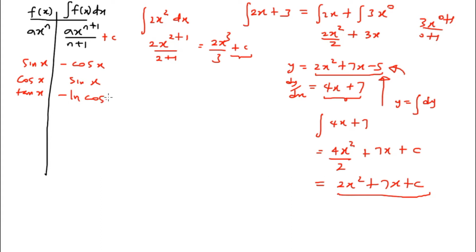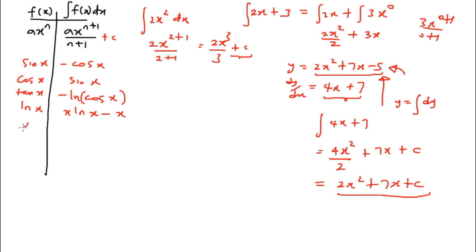Let me just have that in brackets. So let's talk about ln x itself. The integral of ln x can only be done by parts, so I'll have it as x ln x minus x, but I'll talk about that very soon.